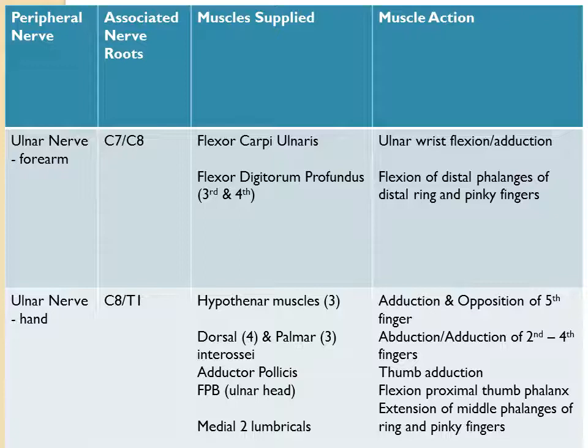Okay, and so in the forearm, major muscles supplied by the ulnar nerve include the flexor carpi ulnaris and the flexor digitorum profundus muscles to the third and fourth digits. Third and fourth digits, meaning the ring and pinky fingers. Okay, so the function of the flexor carpi ulnaris is ulnar wrist flexion and/or wrist adduction.